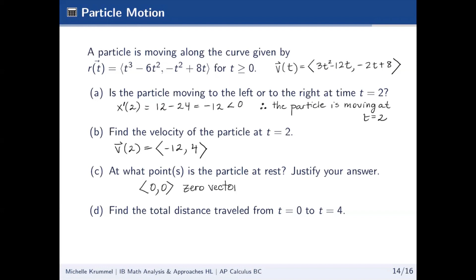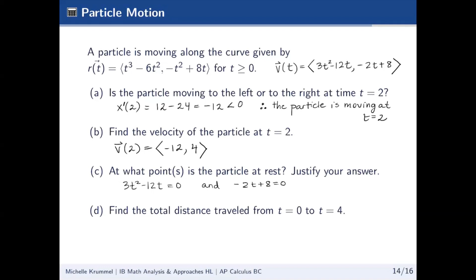So we would set our velocity vector equal to the 0 vector and solve for t. That would mean that the x component has to be 0, so 3t squared minus 12t equals 0. And simultaneously, negative 2t plus 8 equals 0.